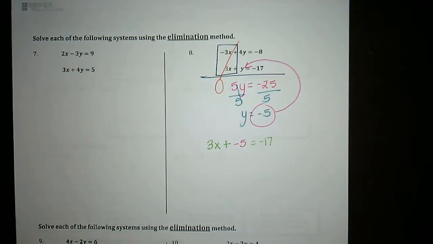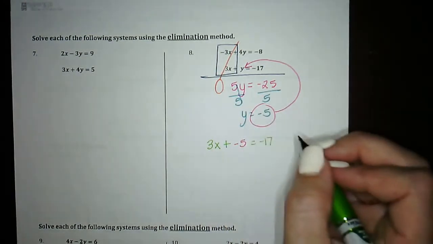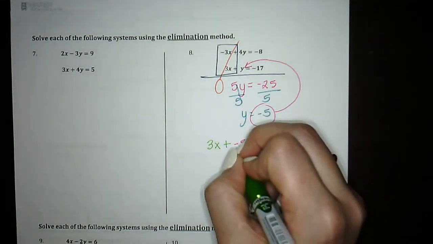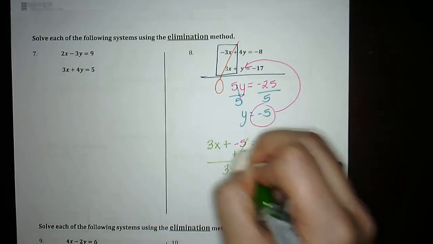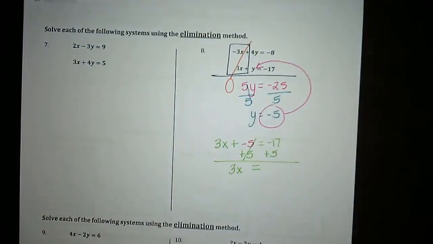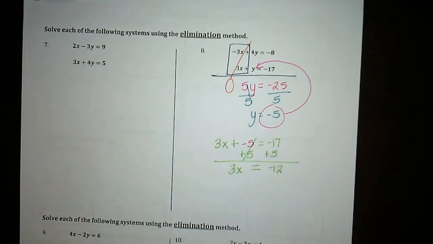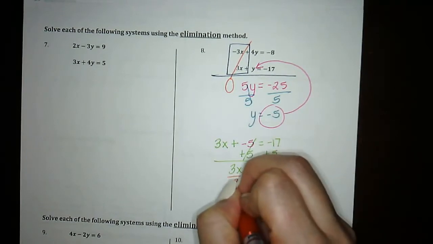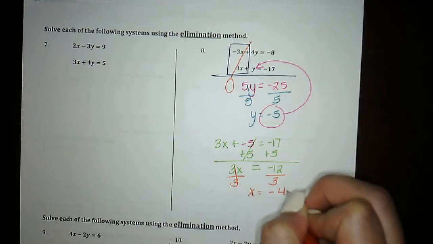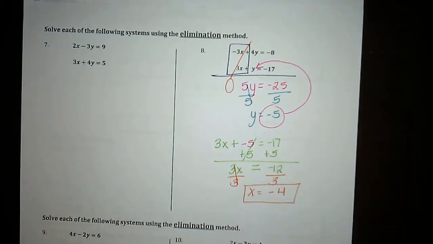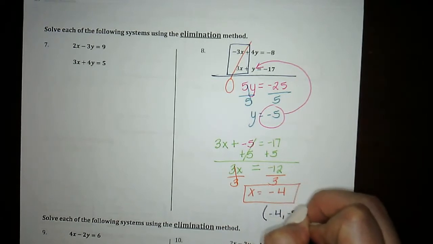So when we do that, we add 5 to both sides, and 3x equals negative 12. Divide by 3 on both sides, and x is negative 4. So our solution is negative 4, negative 5.